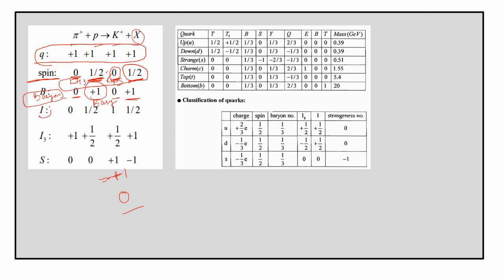This is isospin. What is the meaning of isospin? Suppose we have a system, an environment in which we have placed a proton and a neutron, where the electromagnetic field is not present.